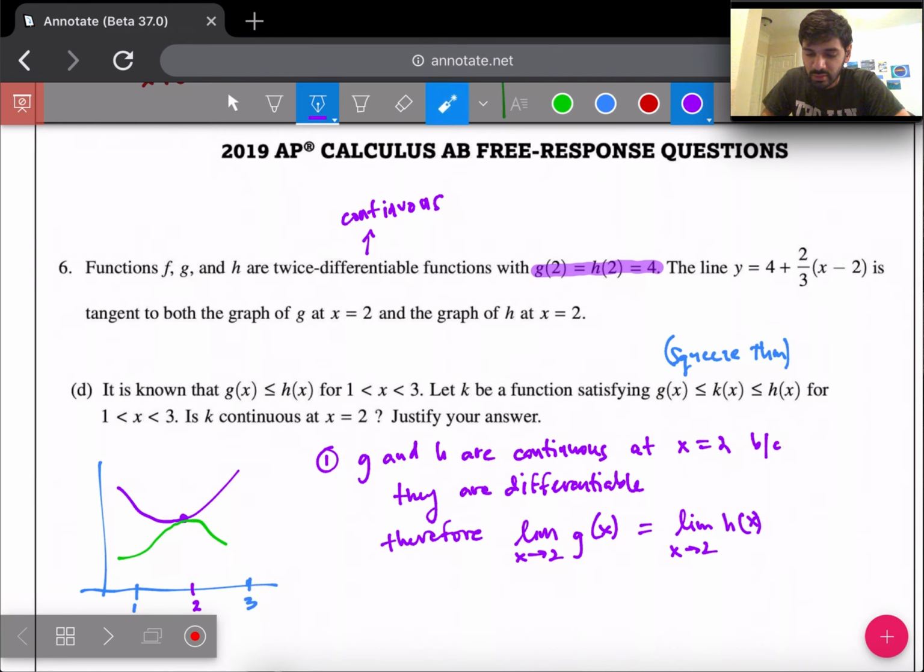Both of those limits have to equal each other because they're both approaching the same value and they both are equal to the same value. So they're both continuous, and so they both have to have their limits be the same as well at that point.